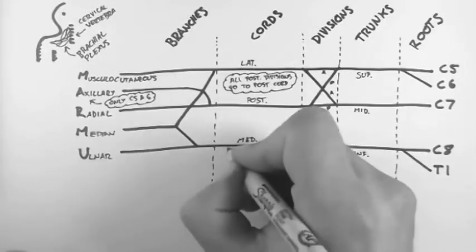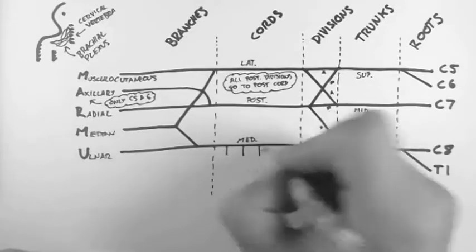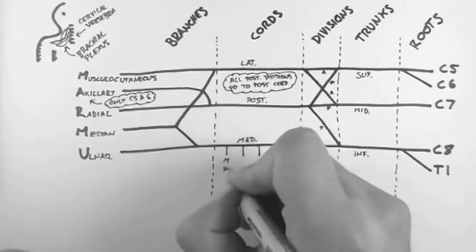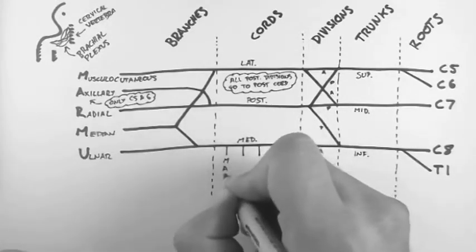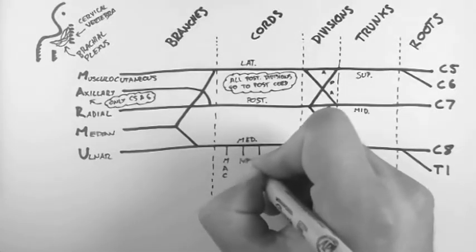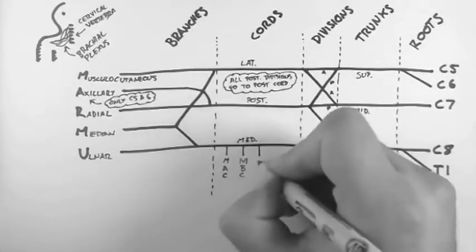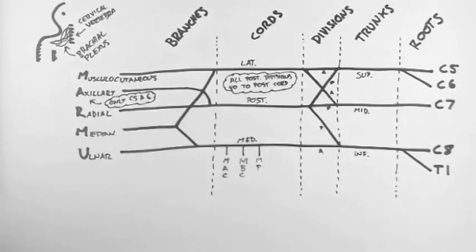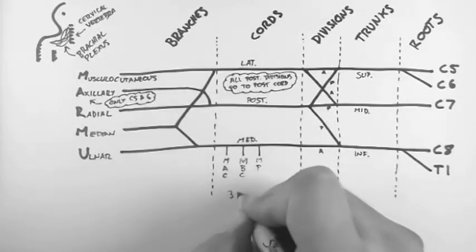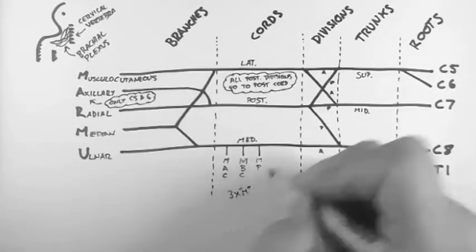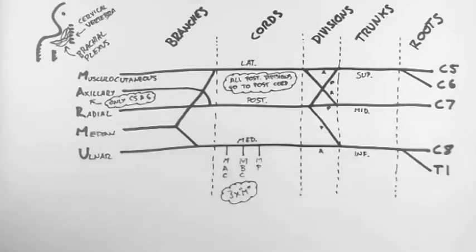From this medial cord, there are 3 nerves, and these are known as the medial antebrachial cutaneous, the medial brachial cutaneous, and the medial pectoral. So these three nerves all begin with M, so I think of them as the three M's.